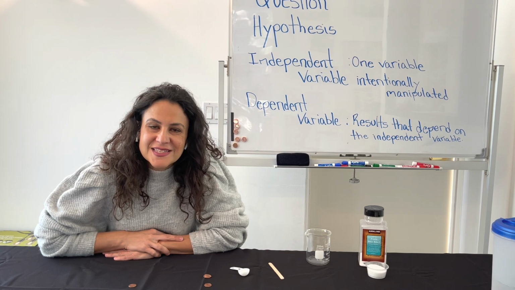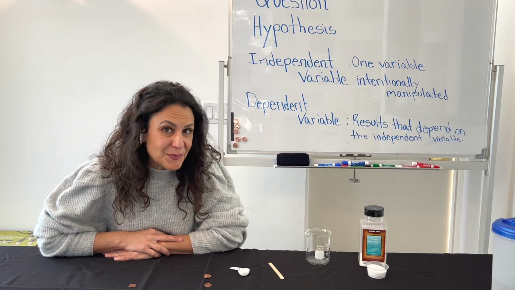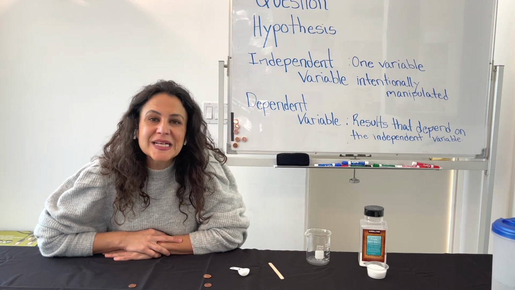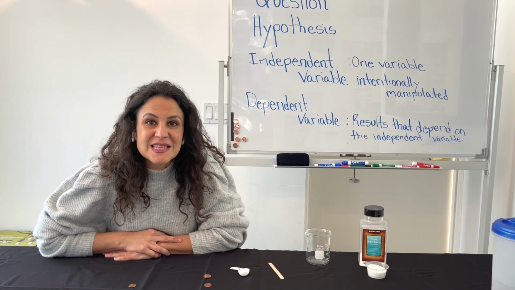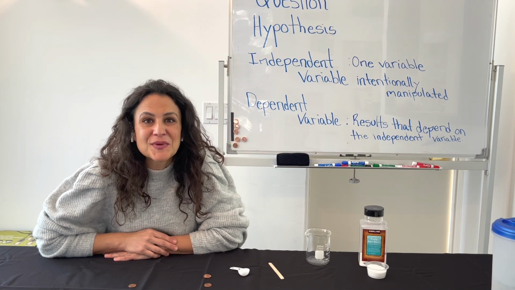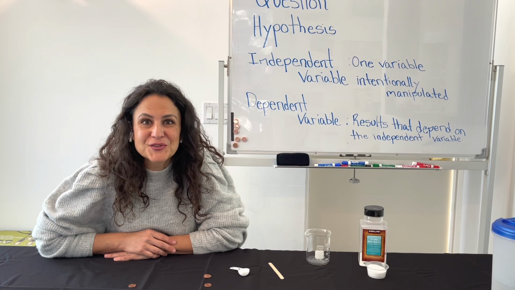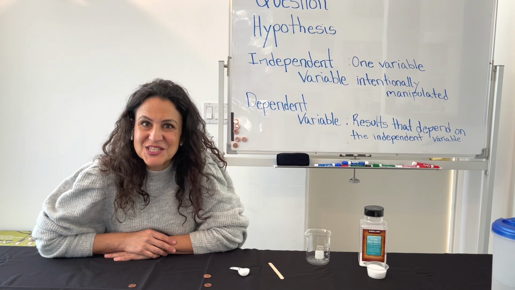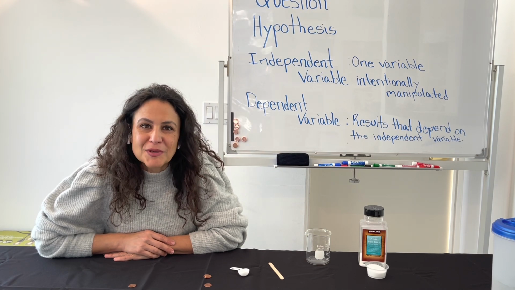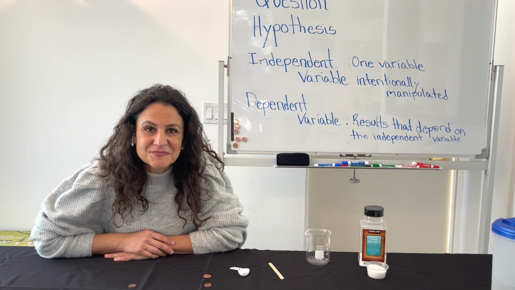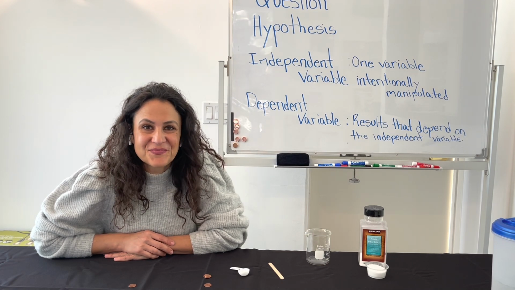Now your results may vary a little bit, but they should be close. Some of you might have gotten anywhere between 25 to 40 drops, and that's just fine. But should anybody get 2 drops or 200 drops?